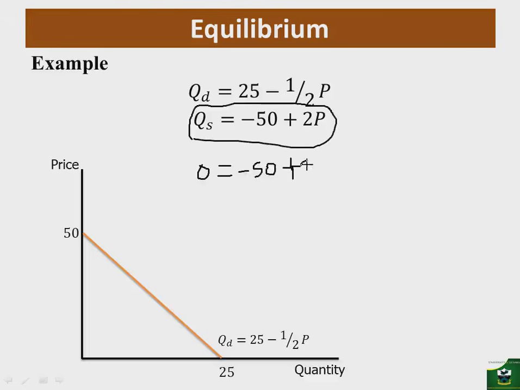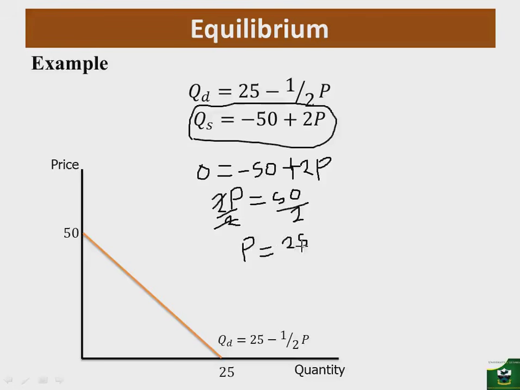If we rearrange this, negative 50 can cross the equal sign to become positive 50. And therefore, what we'll have is that 2P is equal to positive 50. If we divide it through by 2, we will have P standing alone, so P will be equal to 25.